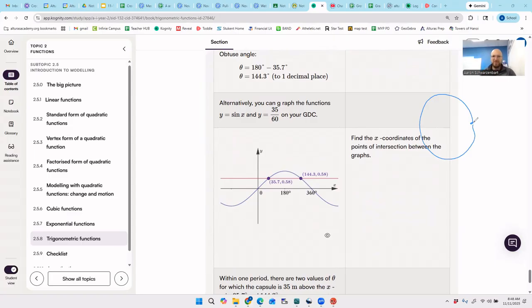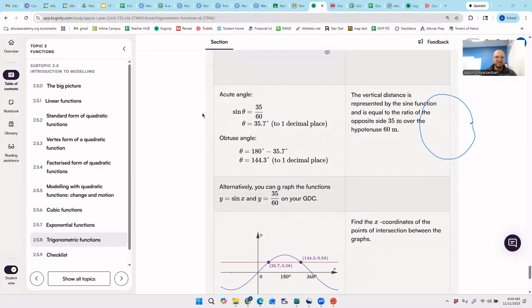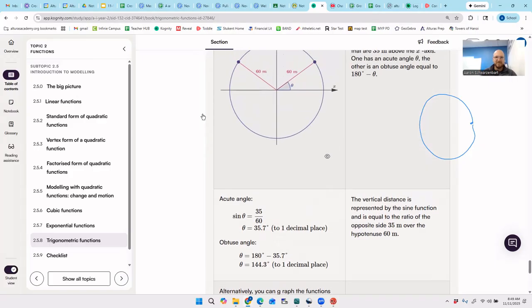So they found the 2 angles, instead of just by graphing, by just using the triangle method. Said, we've got a radius of 60, we want to be 35 high. We'll use the inverse sine.